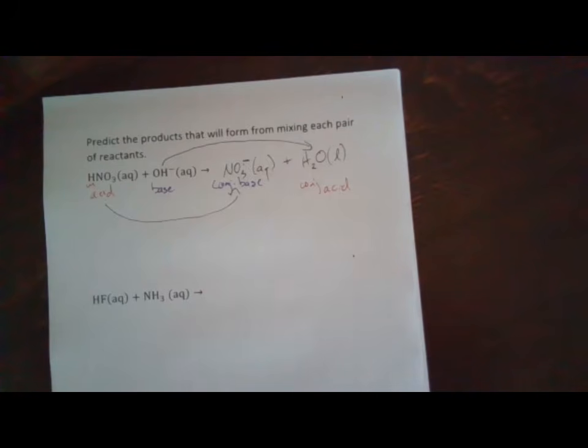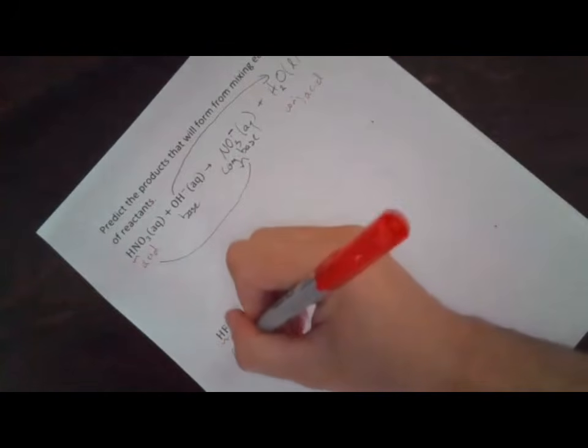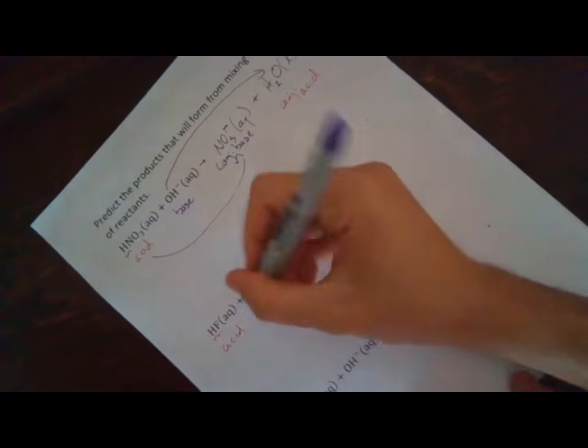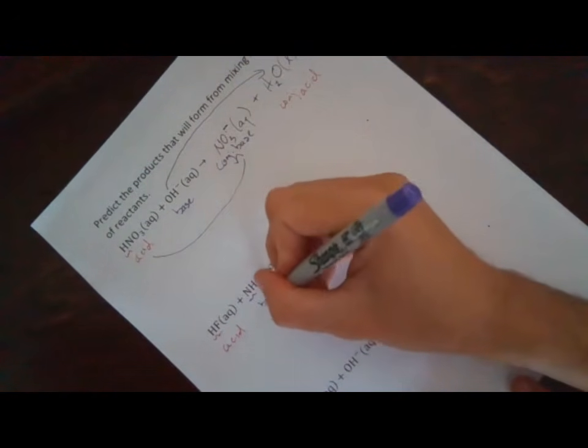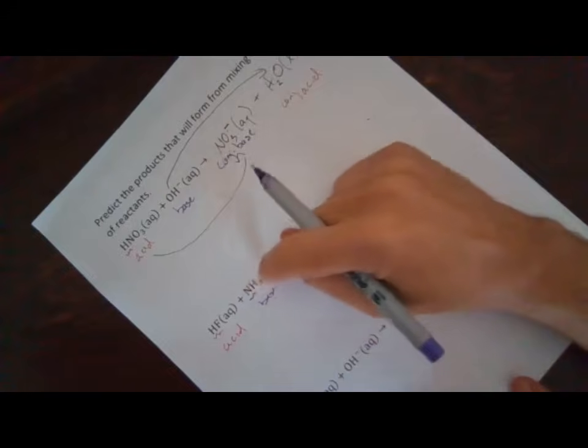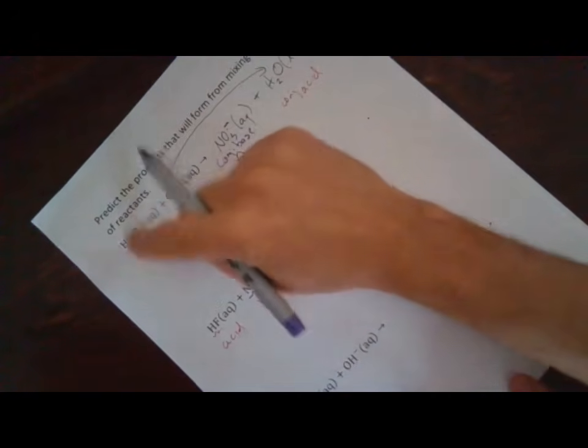So we can continue. HF aqueous plus NH3 aqueous becomes what? When we're looking for these things, an H in the front is usually a good sign of an acid. A nitrogen in the molecule tends to be a good sign of a base, especially when it's written in the front with hydrogens.